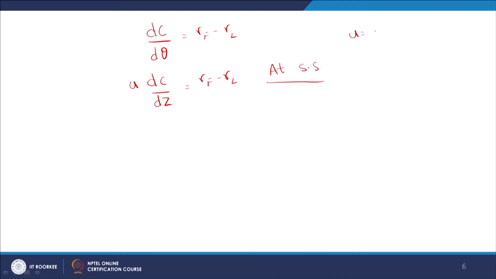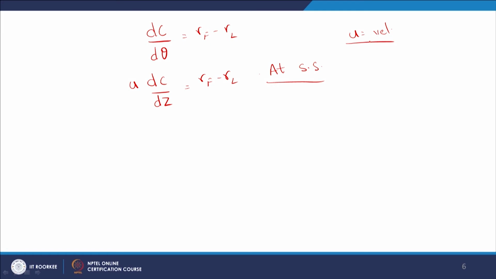So to simplify that further, let us say dc by d theta, right, equal to rate of formation minus rate of loss, or what is this equal to, u into, or the velocity into dc by dz equal to rate of formation minus rate of loss. This is at steady state, obviously, right. U is the velocity there, and this is what we have. Yes. So this is one way to solve it from the relevant equation.